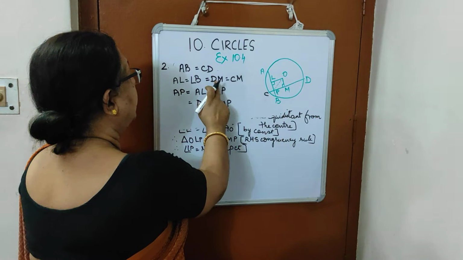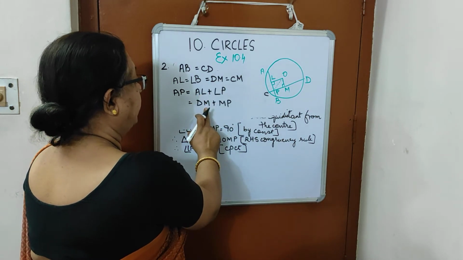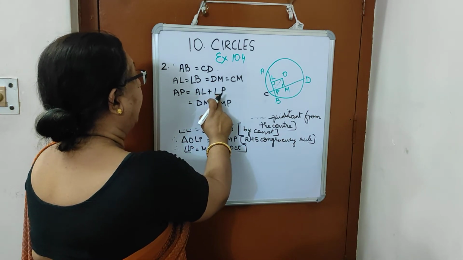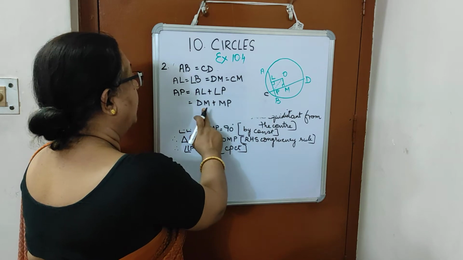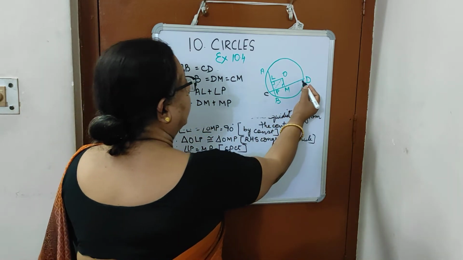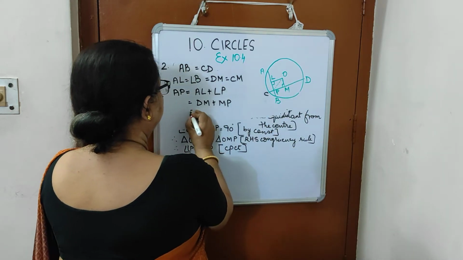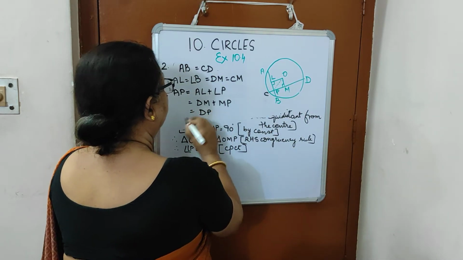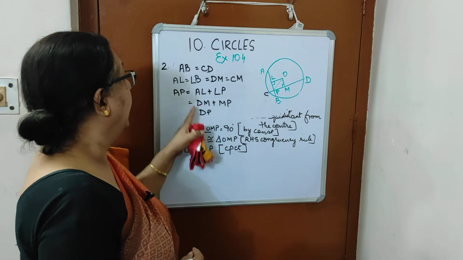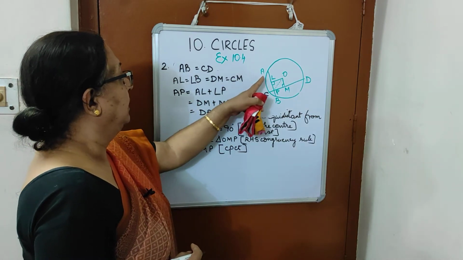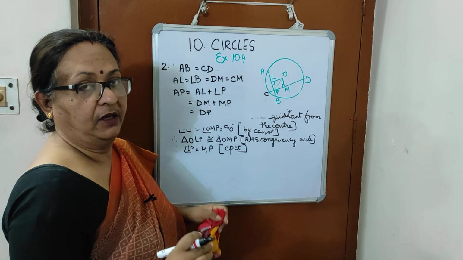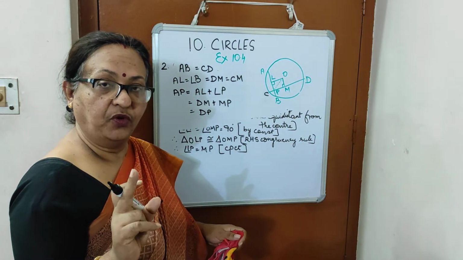For AL we have written DM, and for LP we get MP. Now what is DM plus MP? DM plus MP, we have DP. This is equal to DP, and children, we had to prove this, AP equal to DP. So one part of the question is proved.